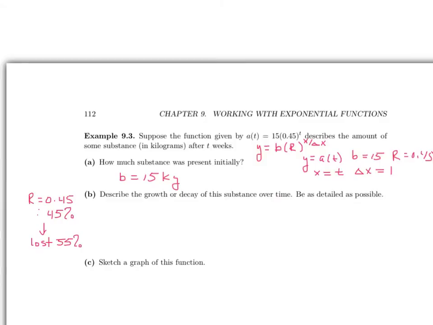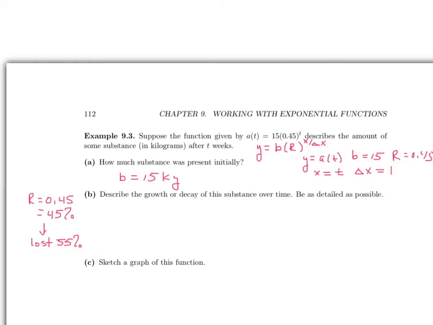Well, how long did it take for that to happen? That's where the delta x comes in. The delta x is 1. That's a time period, and in this example, time is measured in weeks. So over a period of 1 week, we've lost 55% of our substance. Because this is an exponential function, we're going to continue to lose 55% over every single 1 week period.